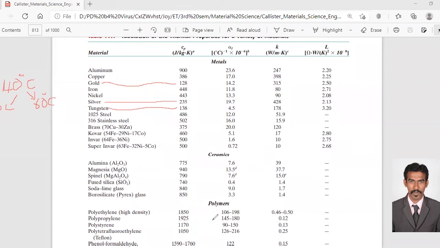So polymers need a high amount of energy to change the temperature by a unit value, while metals, and in metals particularly gold, silver, tungsten, need less energy to change their temperature from a particular degree Celsius to another. That's a kind of unit, right?